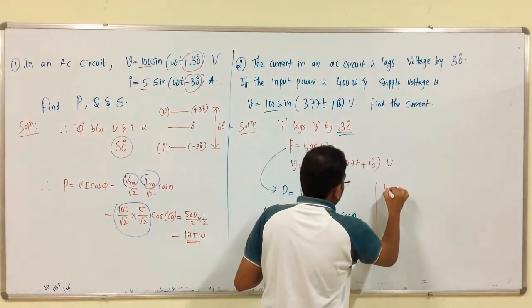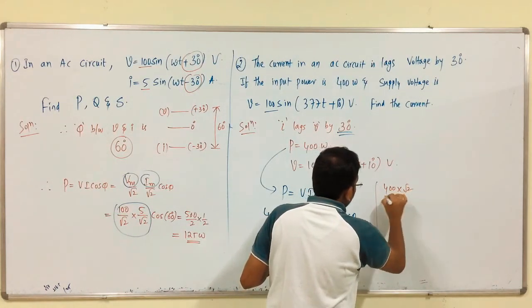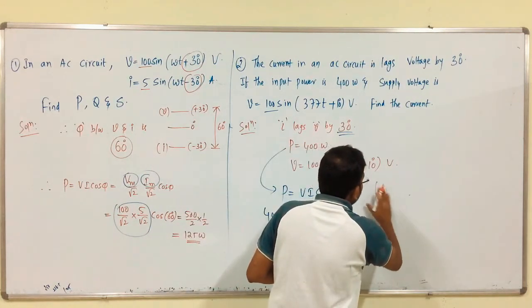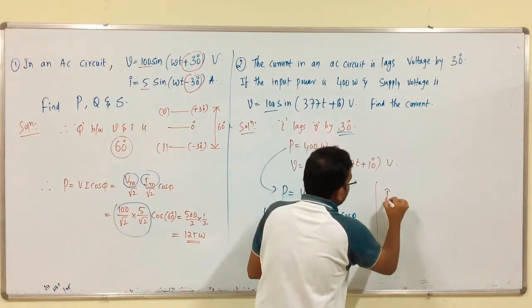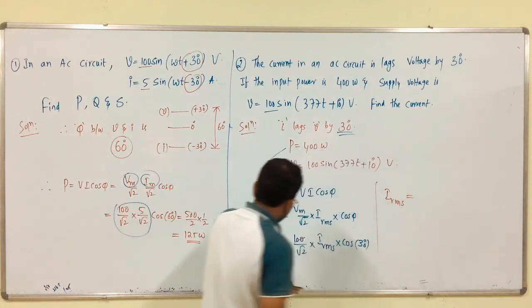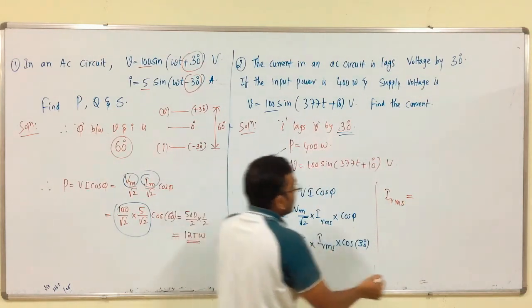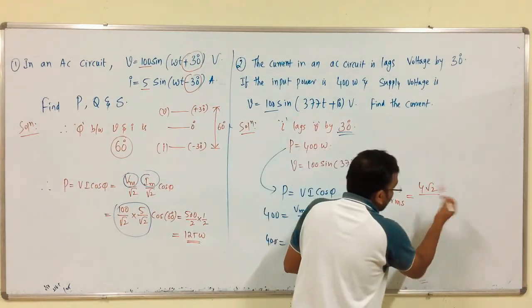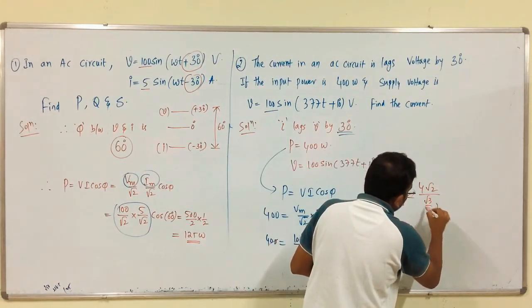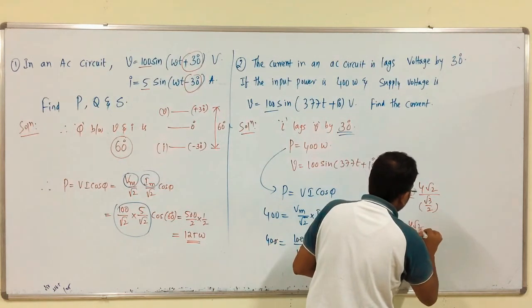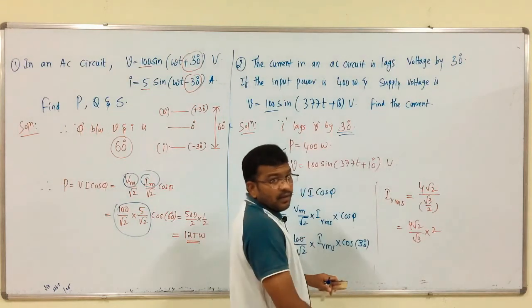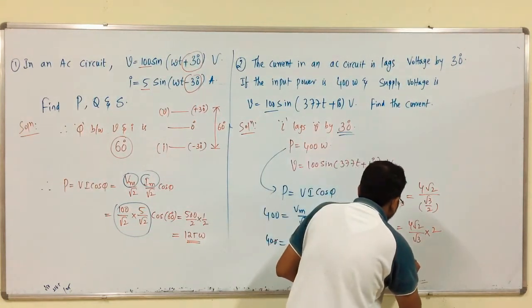So, 400 into root 2, simply we can write from this Irms equals 4 root 2 by cos 30, and cos 30 is nothing but root 3 by 2, right, which equals 4 root 2 into 2 by root 3.